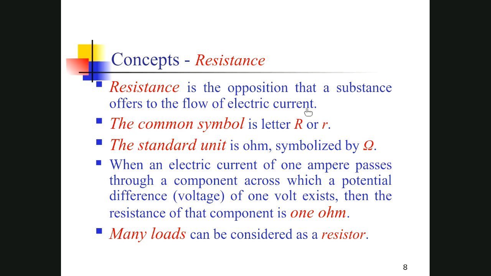Understandable. So when the electrons go through an object, there are some parts of the object that try to block the movement of the electrons. This blocking process gets energy from the electrons onto the object. So this is the consumption of the electricity.